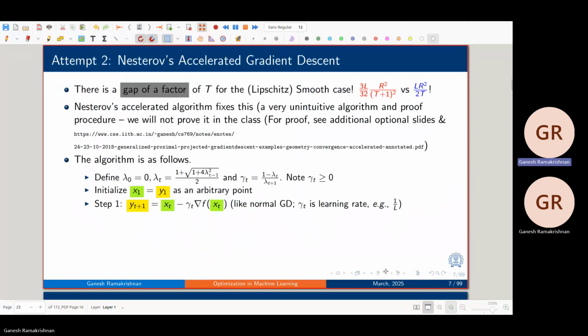And what is basically gamma t here, right? So now let's look at how lambda is increasing. Lambda is increasing, correct? But gamma t, is it always increasing?